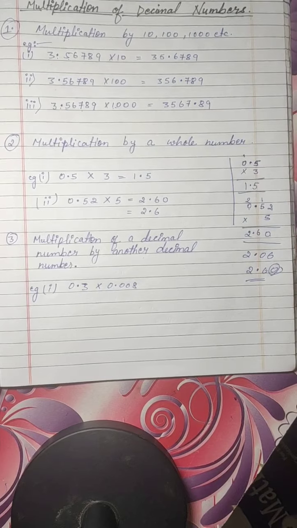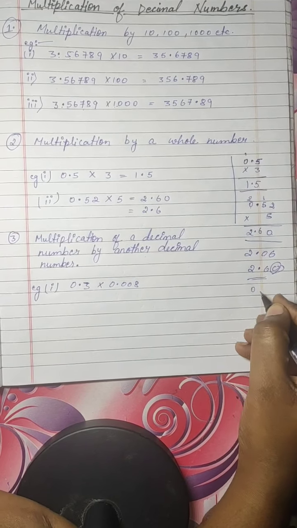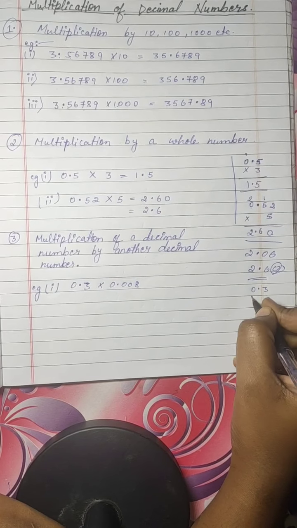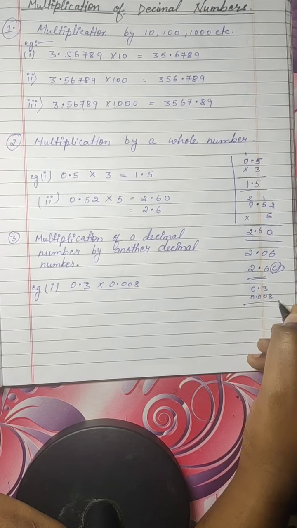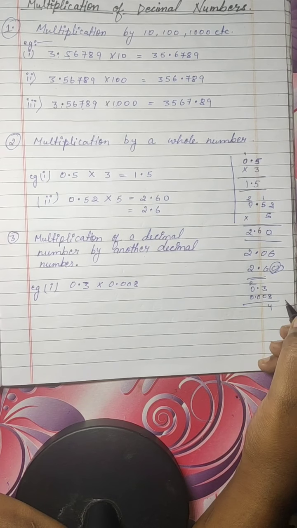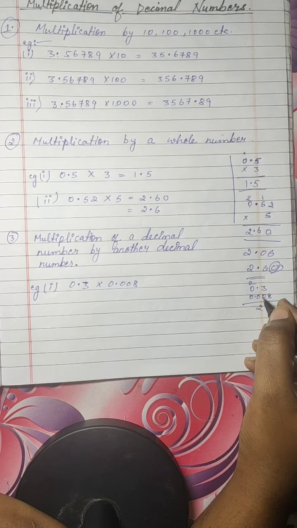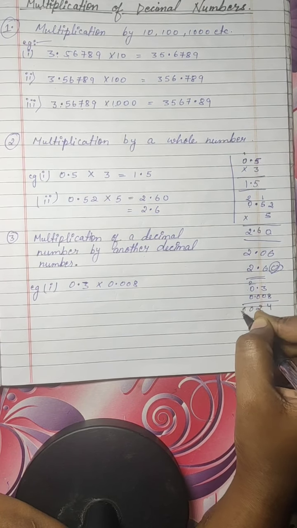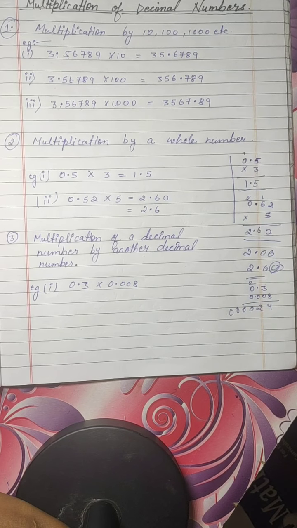Okay, now as you know how to multiply, 0.3 into 0.08. Now 8 threes are 24. 2 you can write here, 8 zeros are zero, then 2 comes down and the same 0 will be 0 0. Now what do you have to do here? How many zeros?